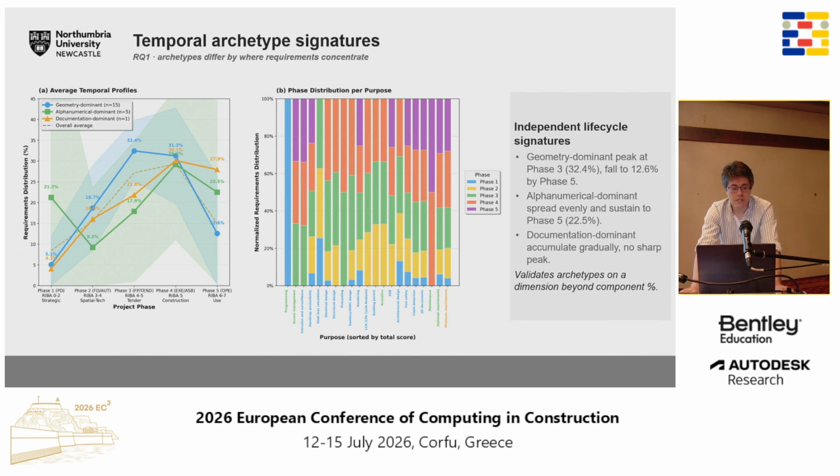And you will see that it's very variable. So it's very dependent on your project. You will have a lot of alphanumerical information or not. And it depends also on your purposes and your selection of specifications. But it tends to be the highest problem around coordination, where you would have maybe a phase 1 project where you would have 0 or you would have 100. So it becomes a very variable system.